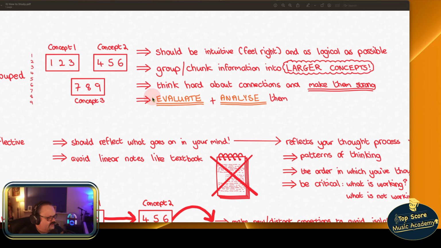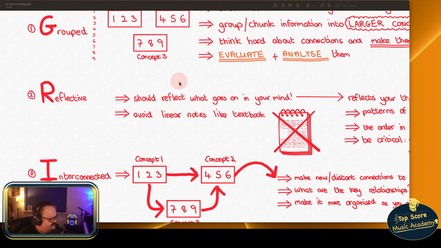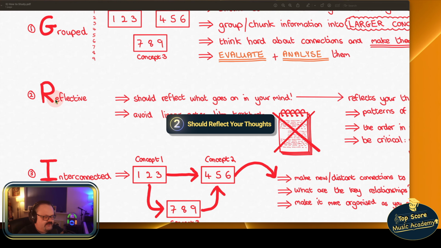Okay, so that comes under the sort of first idea of just grouping information together. Remember from the last video, information never likes to be isolated, so grouping it together with other information actually makes it more memorable.